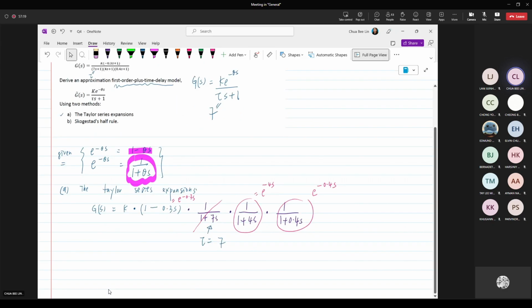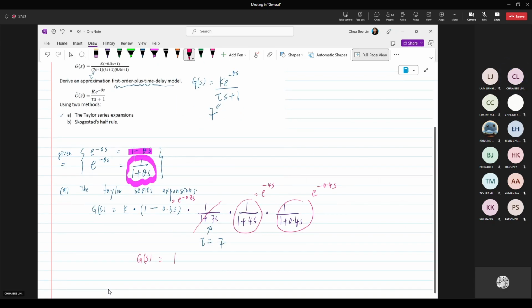So finally, your g as a function of s, first order plus time delay will be k e negative, then the rest you have to plus together, 0.3 plus 4 plus 0.4.